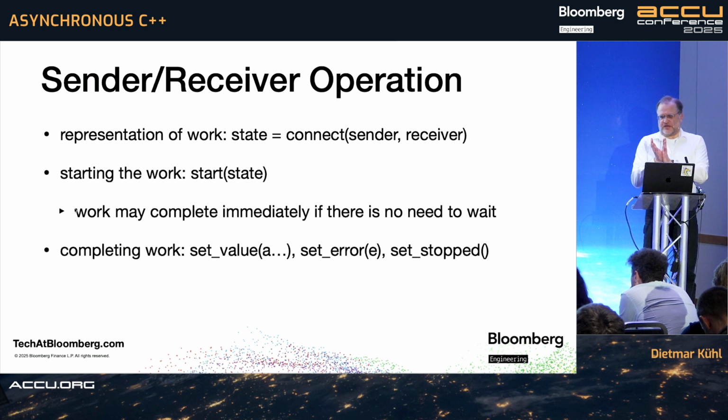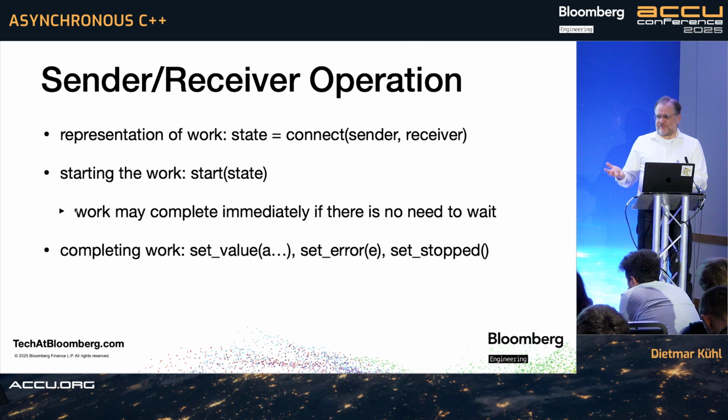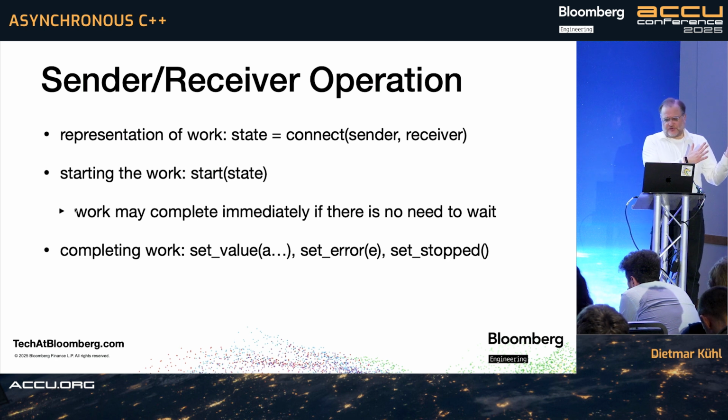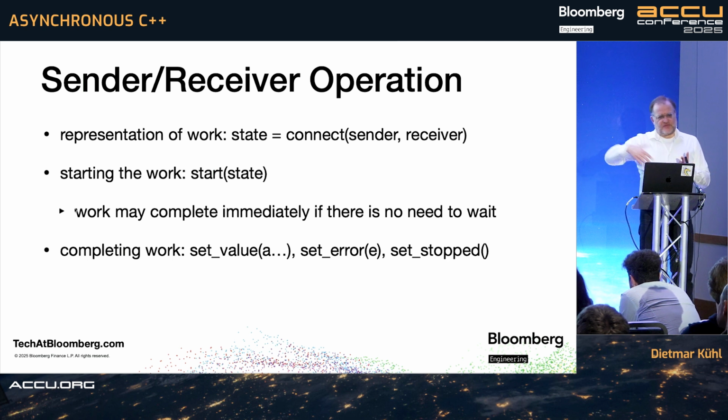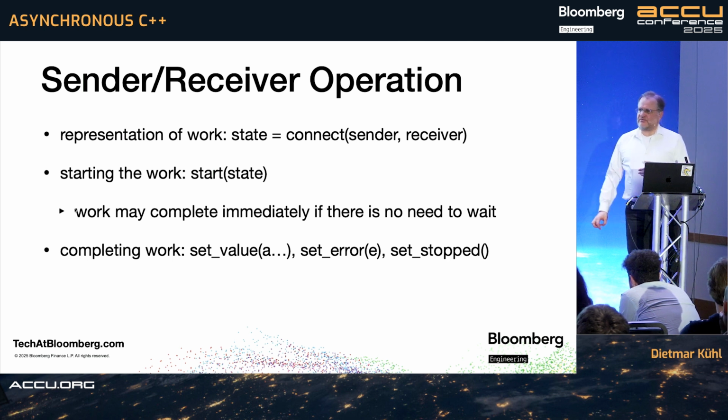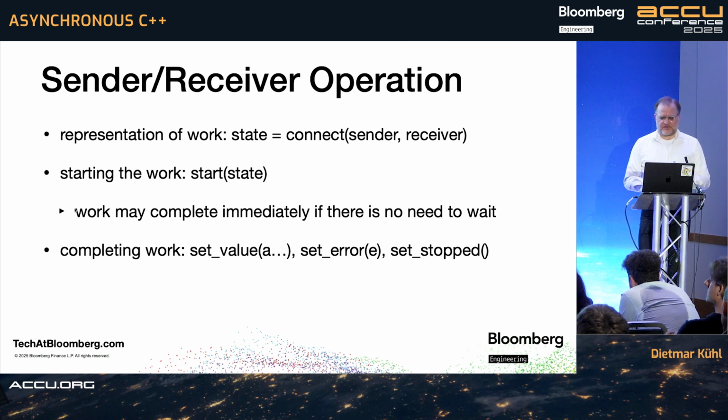This is a typical case, for example, if the operation state came from connecting just to a receiver, which just produces a value. That value is ready and it will never wait for it, so the completion functions are called before start returns. In actual asynchronous work, obviously start will return way before the receiver operations are called.